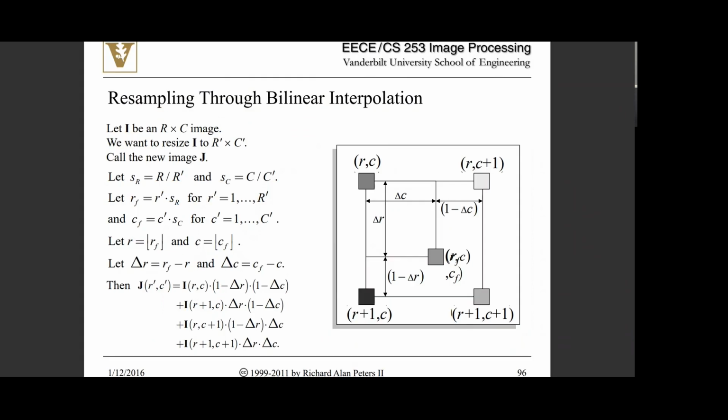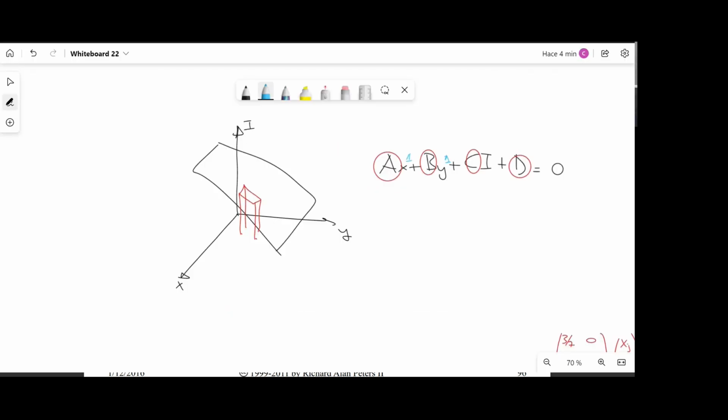I think this one is more interesting. Okay, so we have these 4 values. These are coming from the input image, and we want to evaluate it here at a fractional location. So this is the recipe. Let's do it here.